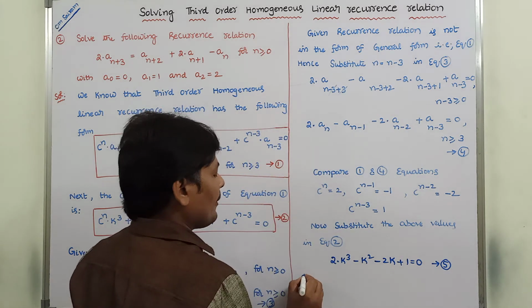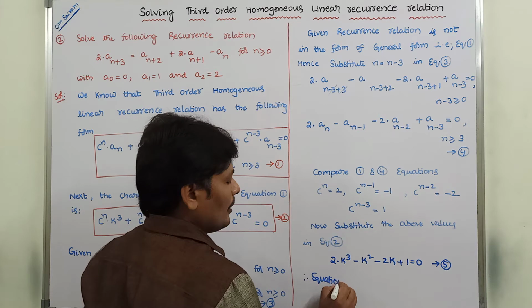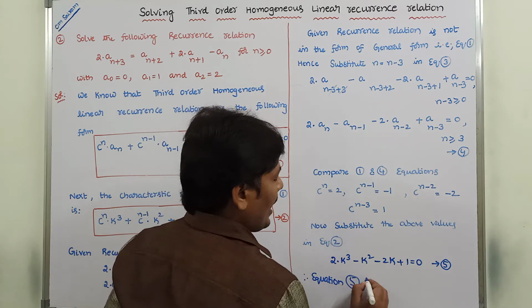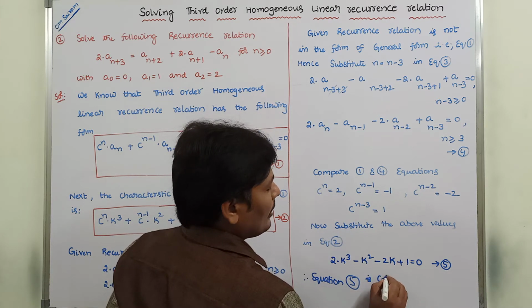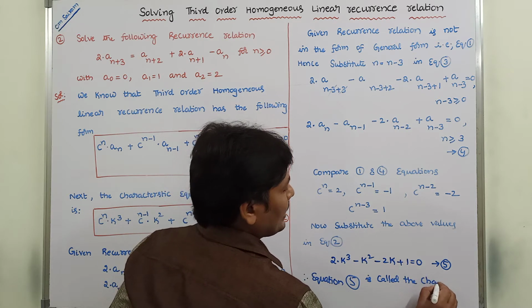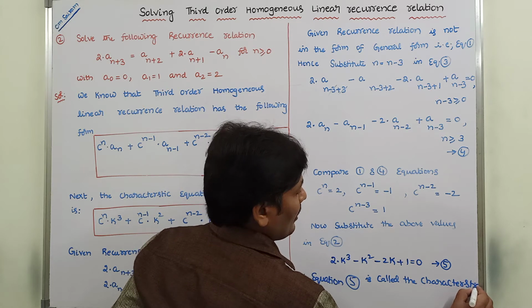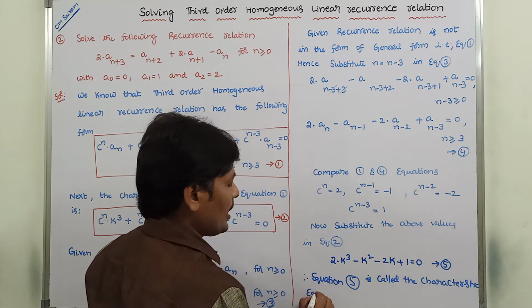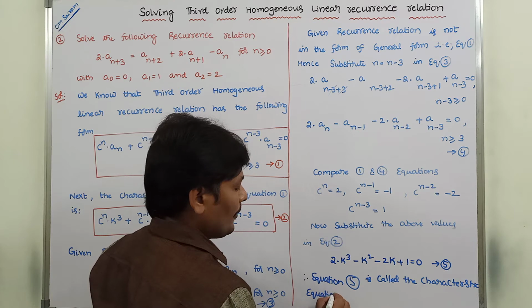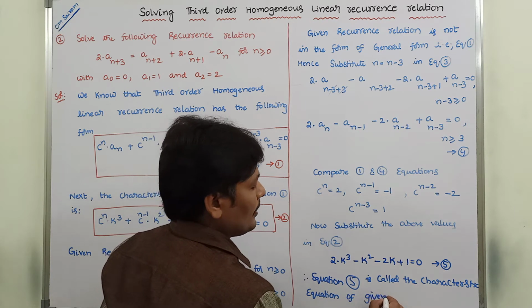Okay. Now therefore equation 5 is called the characteristic equation of the given recurrence relation.